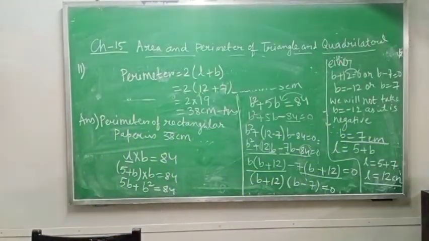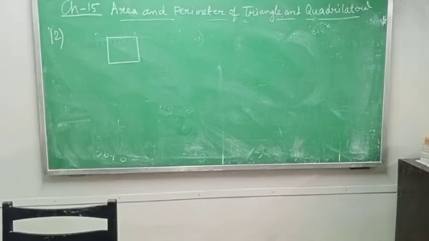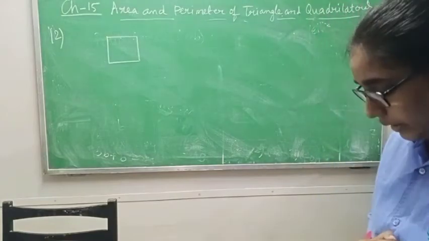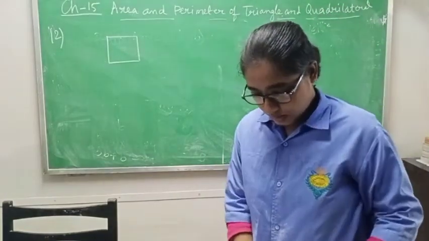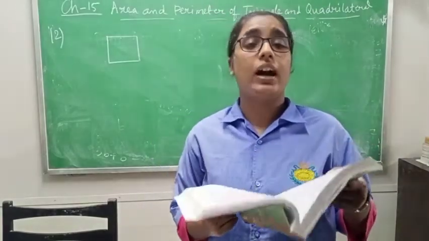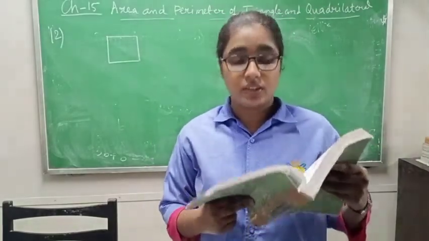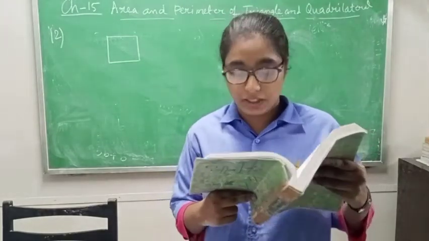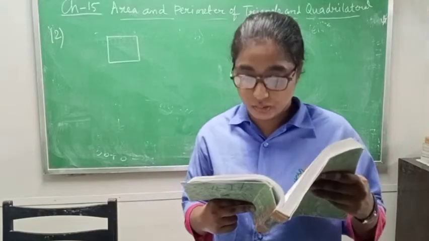Class 9, see question number 12. First read the question. There is some mistake in question number 12. There is a 2.5 meter wide path around a square garden. If in your book it is written rectangular garden, please cut rectangular and in place of it write square garden.